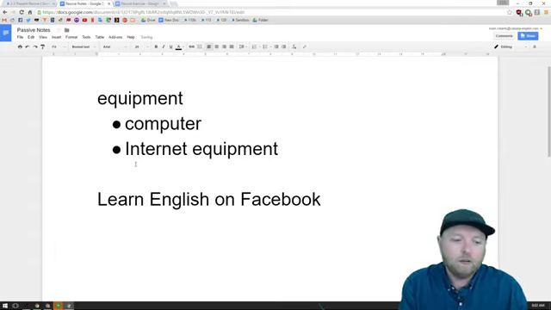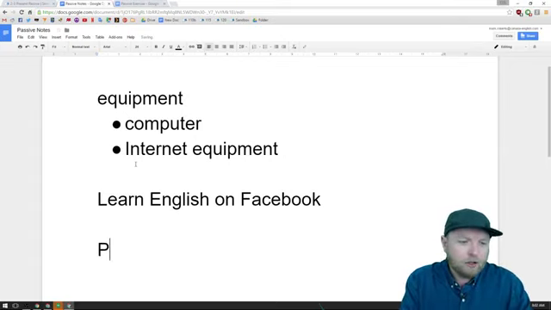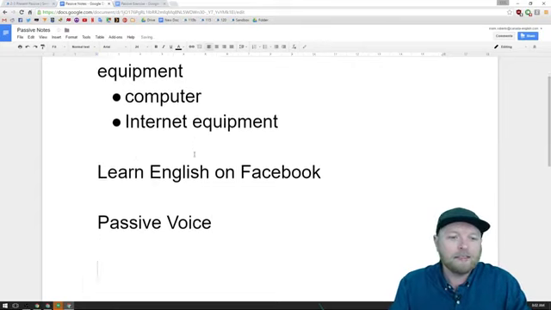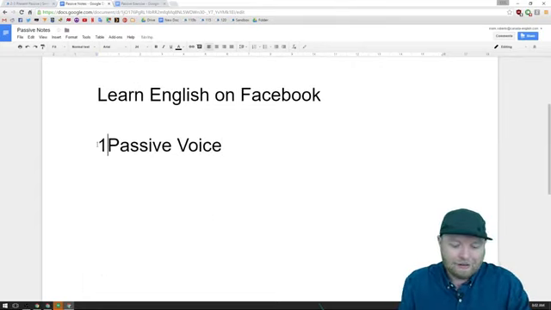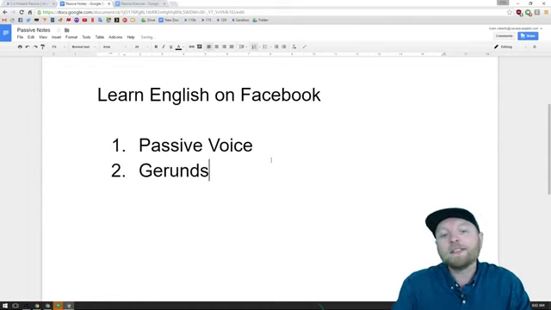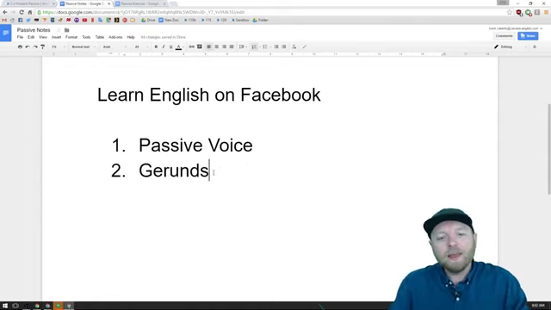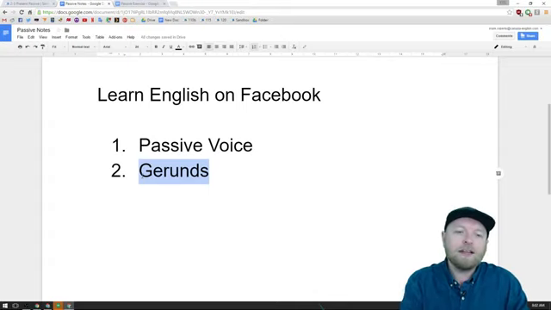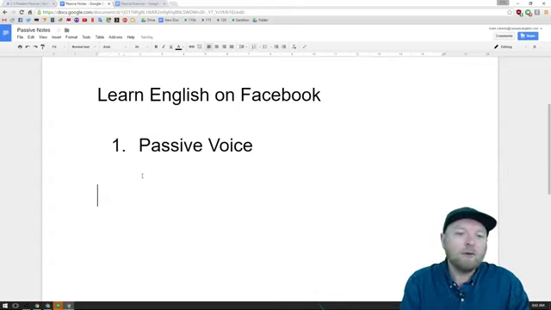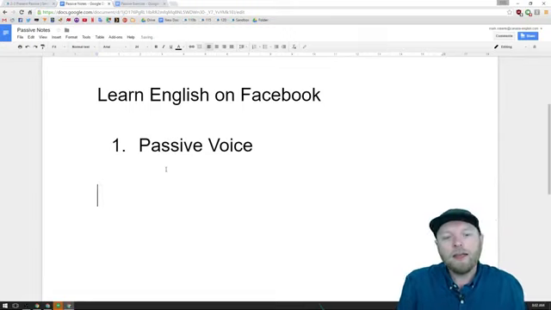They told me they would like to study the passive voice, and that was number one. Number two was gerunds, so next Wednesday we will study gerunds. But today we're going to study the passive voice.